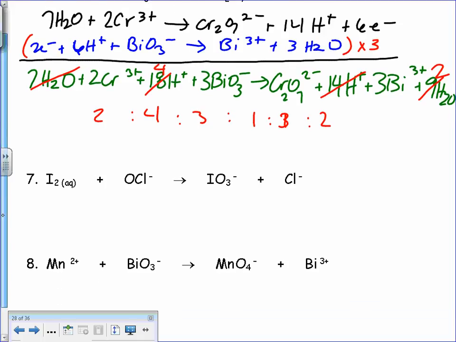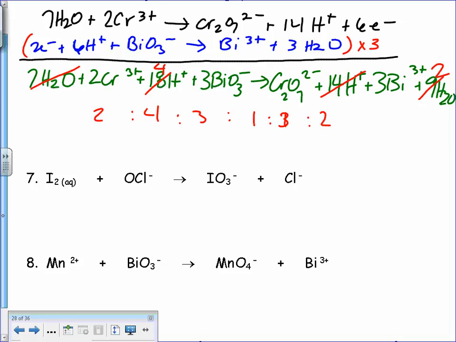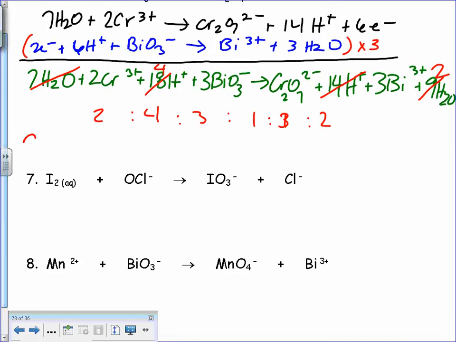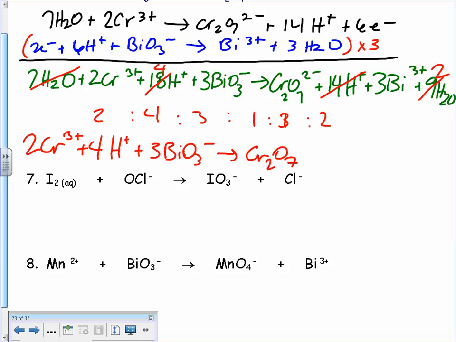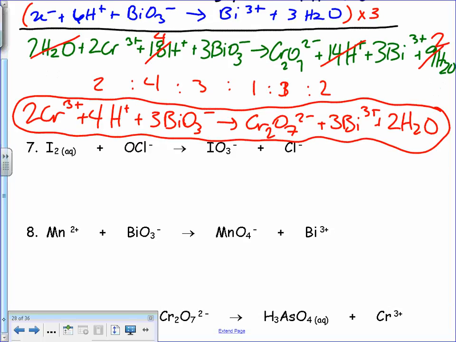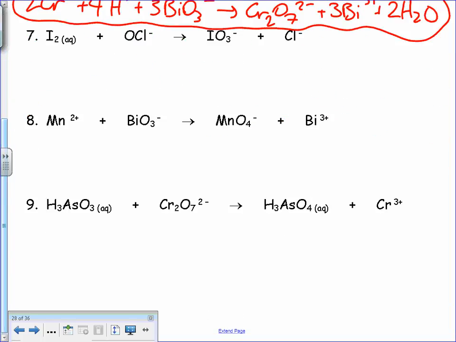And then you guys do number 8. You feel a little bit better as you go through it? Keep working through your process. I'm going to quietly do mine too.